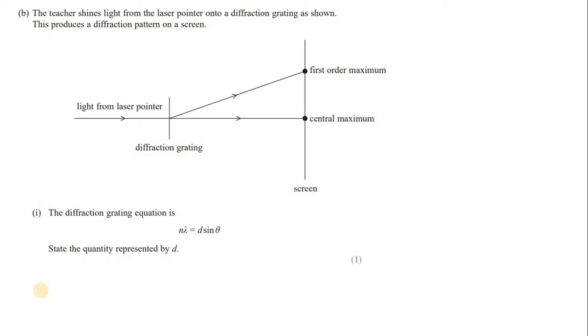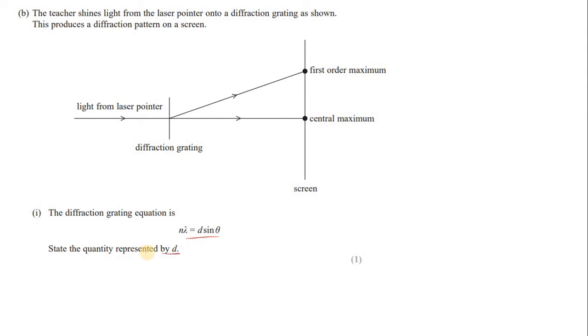Part B: the teacher shines light from the laser pointer onto a diffraction grating as shown. This produces a diffraction pattern on the screen. So we have the central maxima, first order maxima, laser light, diffraction grating, screen. The diffraction grating equation is n lambda equals d sine theta. State the quantity represented by d.